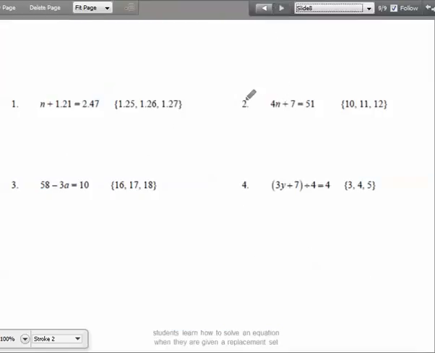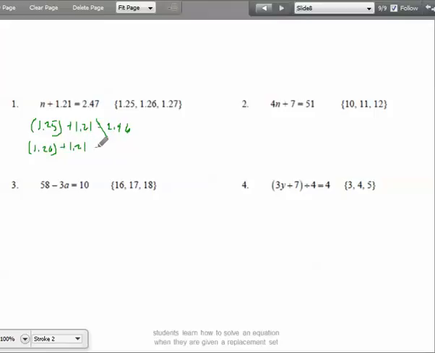Okay? Let's try this. Let's find the solution set for each one of these. So I'm going to stick 1.25 in for n plus 1.21, and that's going to be equal to 2.46. Is that equal to 2.47? No. If I stick 1.26 in there plus 1.21, I get 2.47.